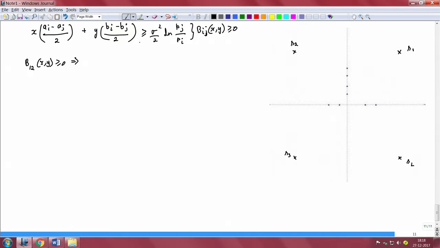So, essentially b1 and b2 are the same, but a1 and a2 are different and hence we will be left with just the term x is greater than sigma square by 2 ln of p2 by p1, which is 0.2 by 0.1, and let us assume sigma square equal to 1. We will use this for the convenience of plotting. So, this comes out to 0.3466.